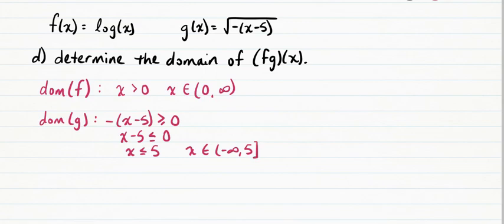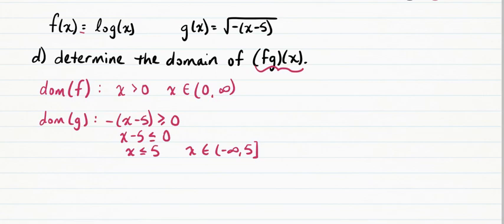So the domain for this combined function is going to be the intersection or the overlap between the domains of f and g, because this combined function, f times g of x, will only exist where both functions f and g exist. So if, for example, at an x value of 100, the function f exists when x is 100.